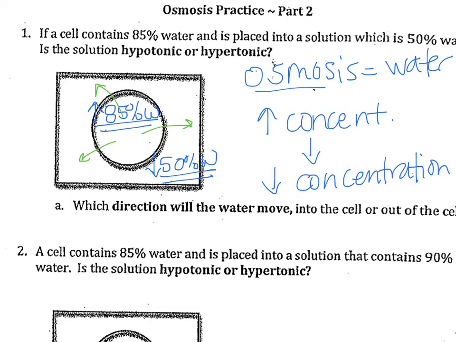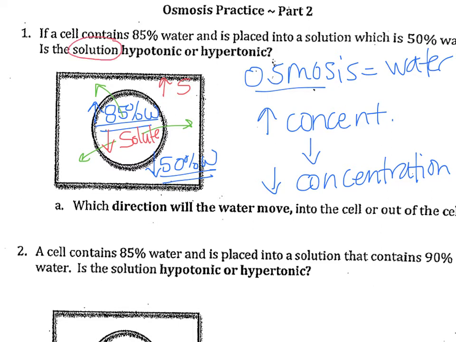So the way that I like to do it is that I already know my concentration of water and solute is an inverse relationship. So if water is low in the solution, I know that I have high solute. If water is high inside my cell, I know that my solute is low. And once again, our question asked, what is the solution?